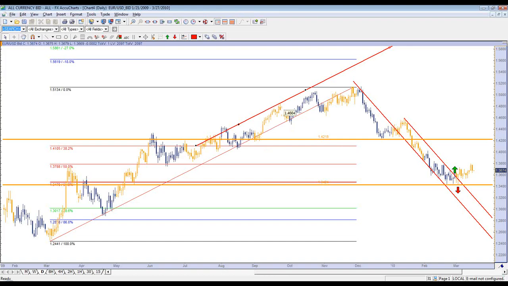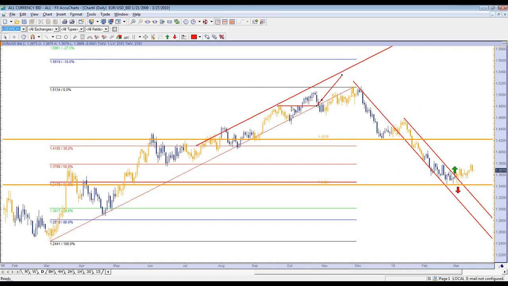Now when we bounce off the top side to the bottom, a lot of times the market can even go horizontal. Let me draw this. But sometimes you can see the market do this and then move up.